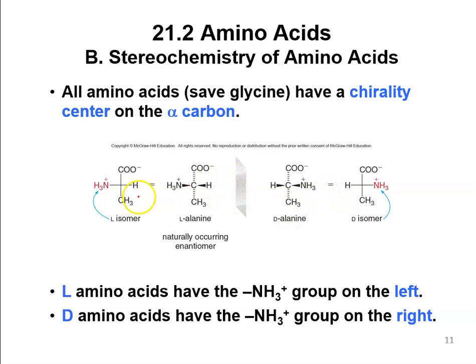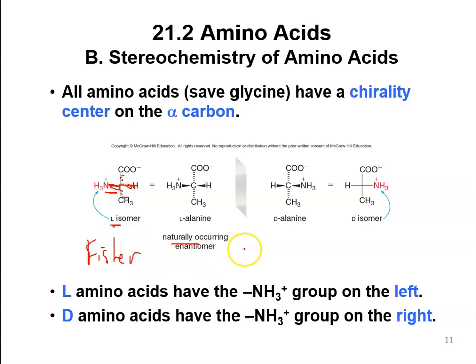Stereochemistry, like I said, you have a chiral center. This is in a Fischer projection. You guys remember the Fischer projections? They have these T crosses, which basically means this group here is coming out of the page towards you, and the same thing for this one, and these are going back. So here's alanine. The naturally occurring amino acids are the L isomers.